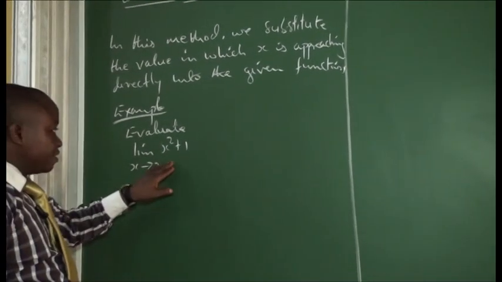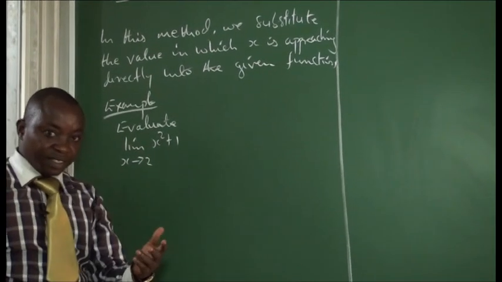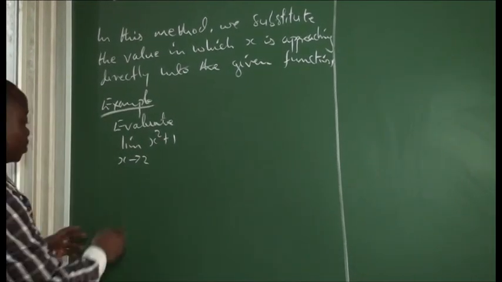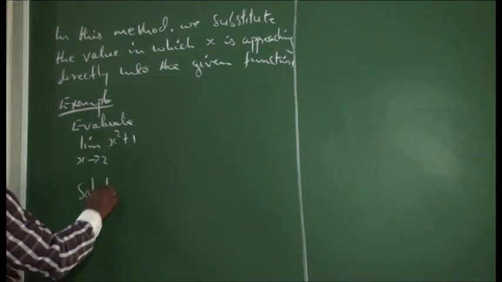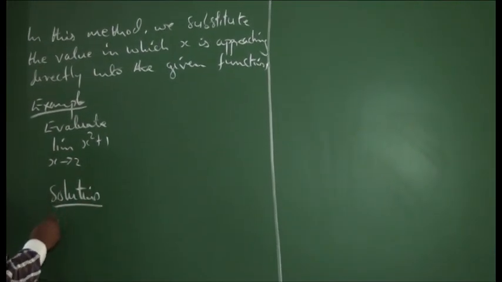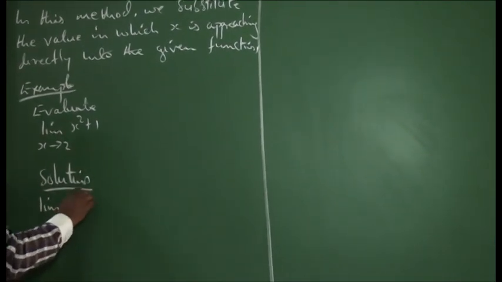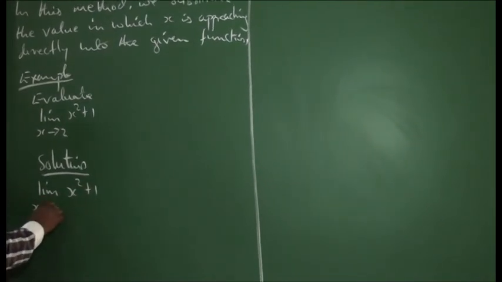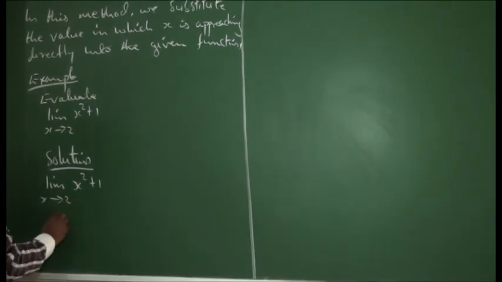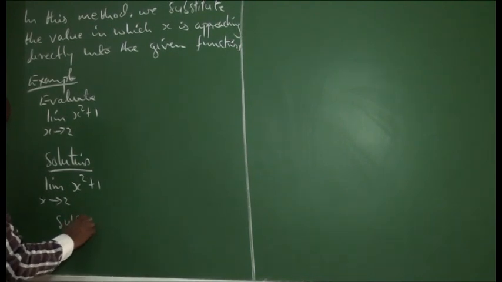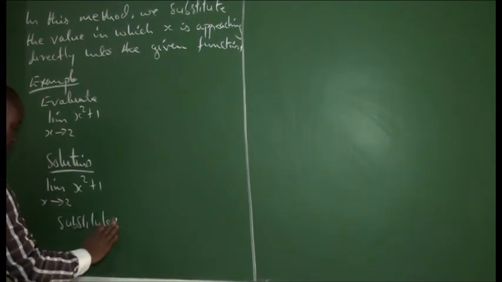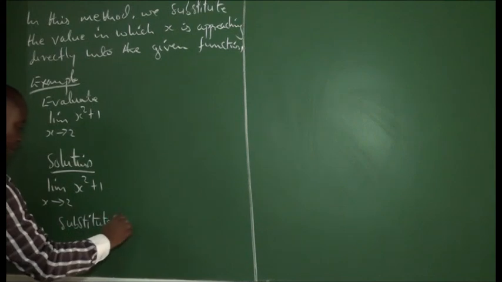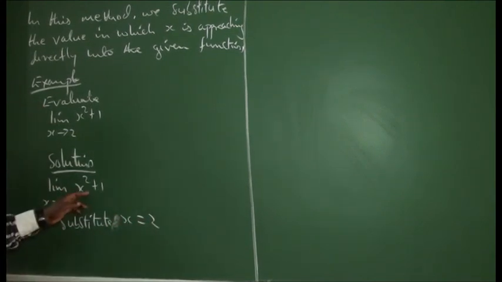Alright, so this is the first one that we did using the tabular method. So this is what we will do. The limit of x squared plus 1 as x approaches 2. We substitute x equals 2 into the function.